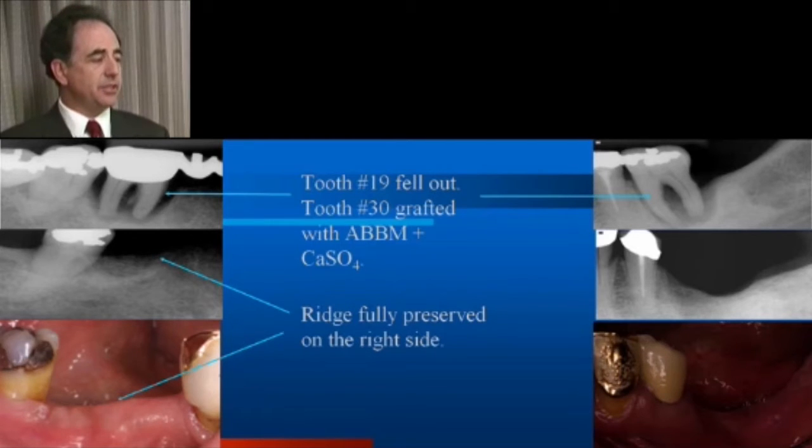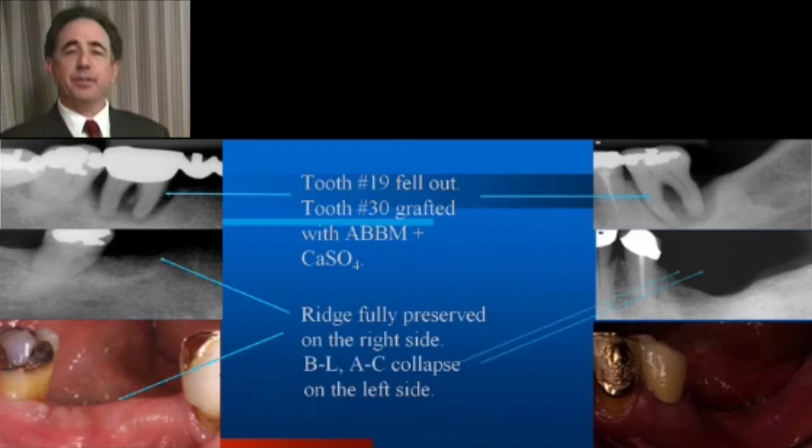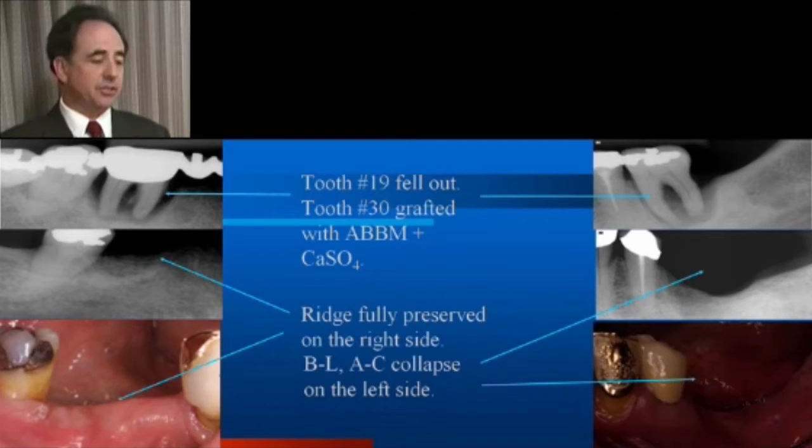On the other side of the screen now, you can see where tooth number 19 fell out. We have both vertical and horizontal collapse of the site. We also see complete loss of keratinized tissue in the area. To rebuild this site with bone, vital bone, before placement of a dental implant will require a significant reconstructive surgery for the patient.